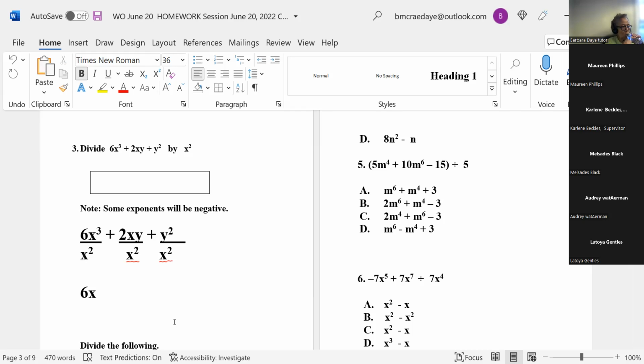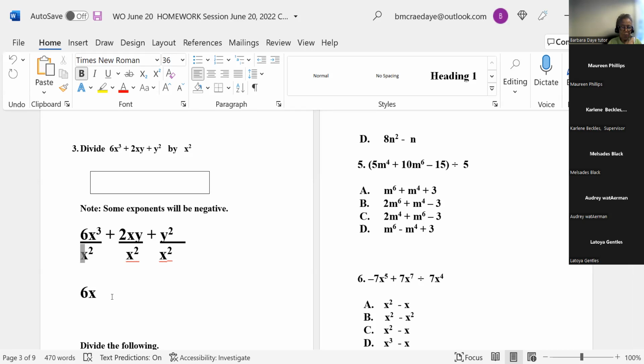I divide the x by the x and then I subtract the power from the 2 power from the 3rd power. That's right. What she did, Maureen, remember the x to the 2nd has a coefficient of 1. So 6 over 1 is 6, right? And like Audrey said, she subtracted her exponent from her denominator, 2, from the exponent of the numerator, 3, and that's how she got x to the 1, or x. That clear, Maureen?